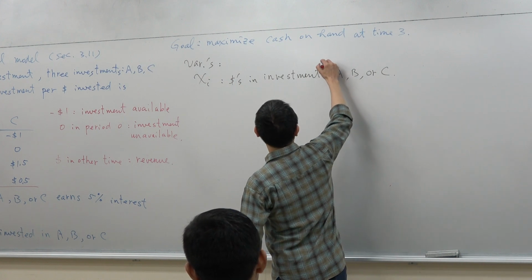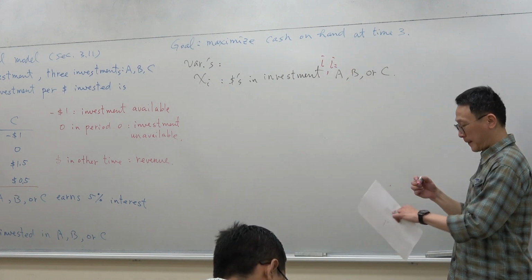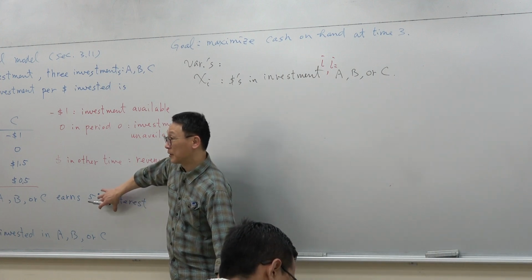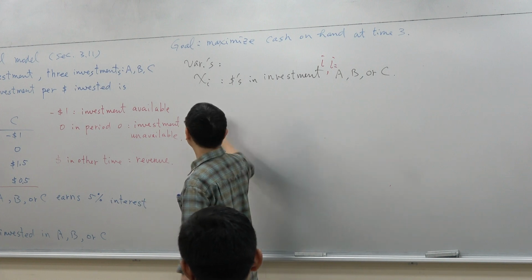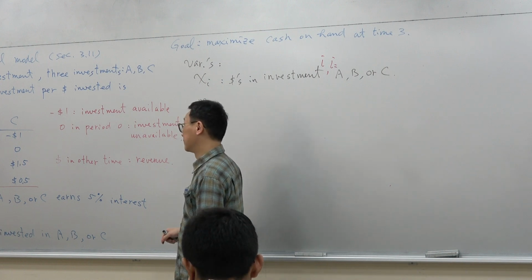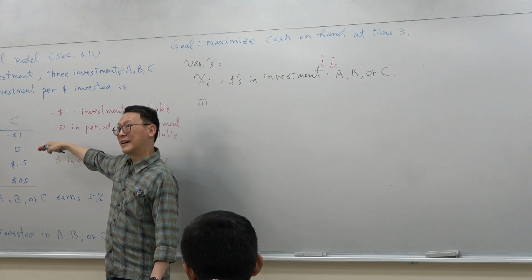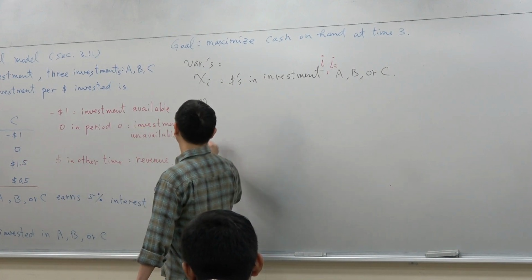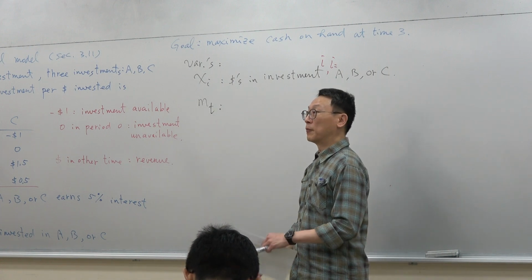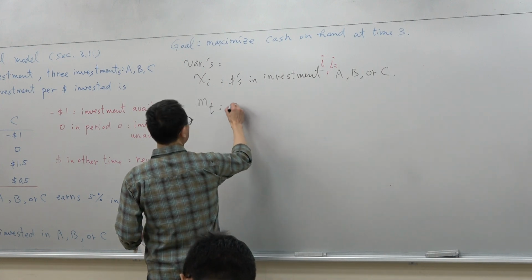You can say investment i, where i equals A, B, or C. And if we don't put it into investment A, B, or C, we can put it into the money market. We utilize an M to indicate that. Because for each period, we do have a choice to put into that. So in each period, you can determine how much money to invest in the money market. So M indicates the money.